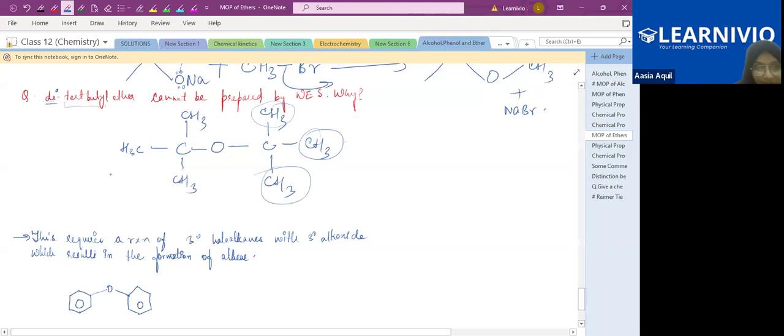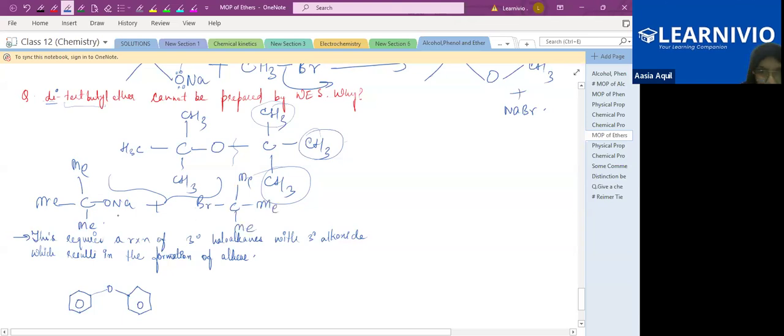Because you can see this is the structure. If you have to prepare this, you will break this bond, and here you will have ONa, with methyl and methyl. So the alkoxide group is again the tertiary one, plus this group, the alkyl bromide, where you attach the methyl groups here.